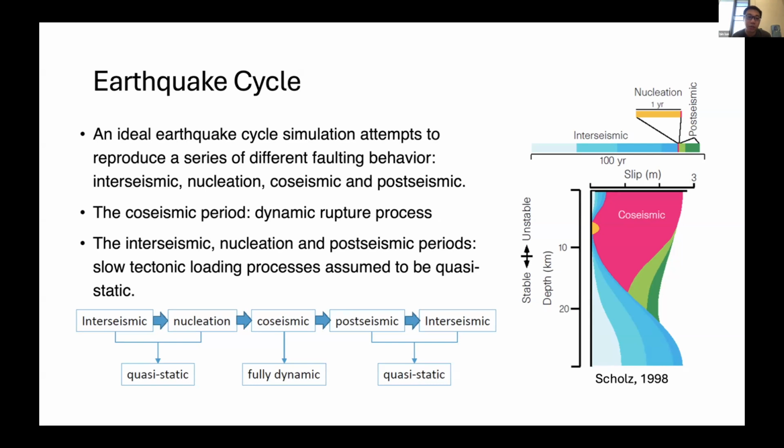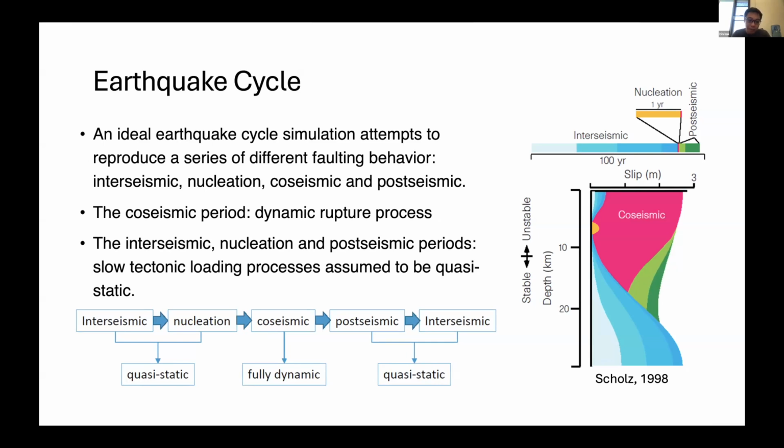And so in order to do that, one of the key components to change in Dr. Duan's previous code is the friction law. In order to simulate dynamic rupture, we actually only need the slip weakening friction law, which is a descriptive law of how the friction will behave when the faults start to slip.